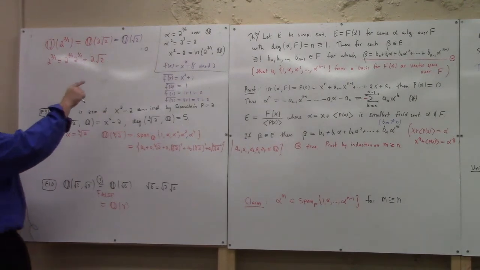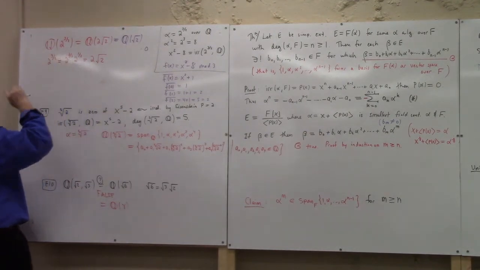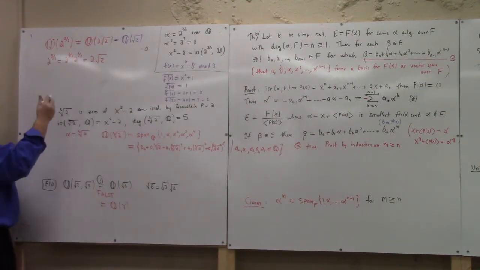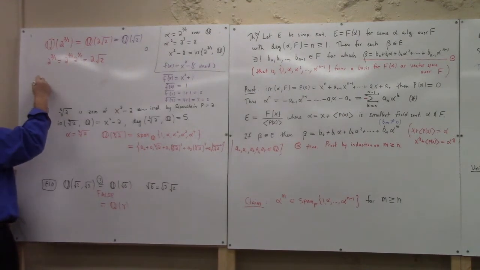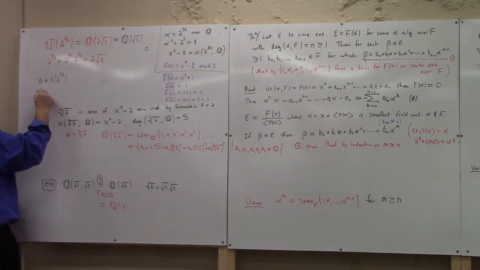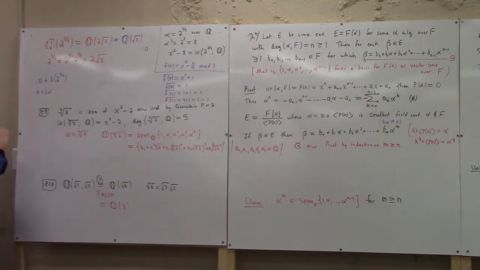Therefore, this is a degree 2 extension. That means I can write an arbitrary element as a plus b times 2 to the 3 halves, because that's a plus b alpha. That's all that you have. If it's a degree 2 extension, 1 and alpha serve as the basis, because you go to n minus 1.